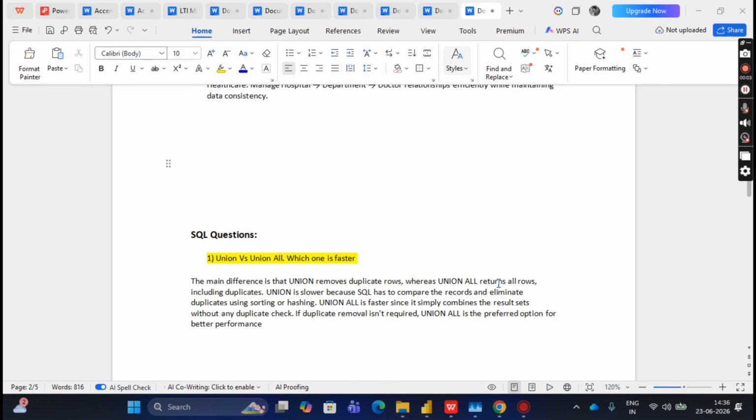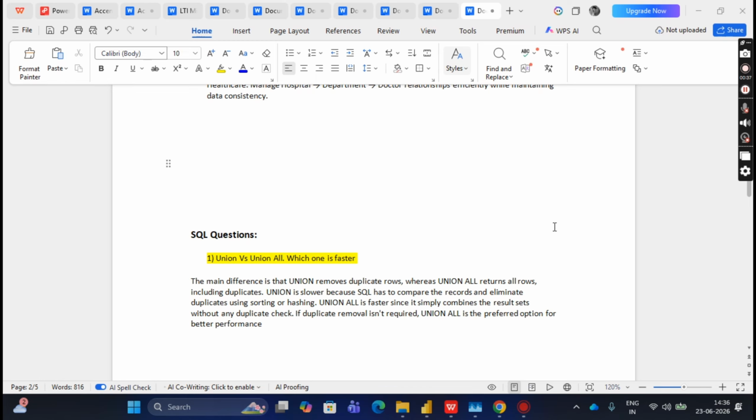So coming to the SQL questions, the first question which was asked was union versus union all, and which one is faster. So you should answer like, the main difference is that union removes duplicate rows, whereas union all returns all the rows including duplicates. And union is slower because SQL has to compare the records and eliminate duplicates using sorting and hashing techniques, whereas union all is faster since it simply combines the result sets without any duplicate check.